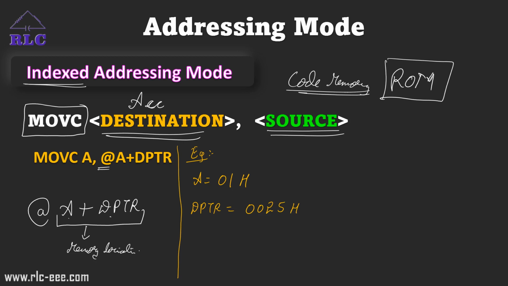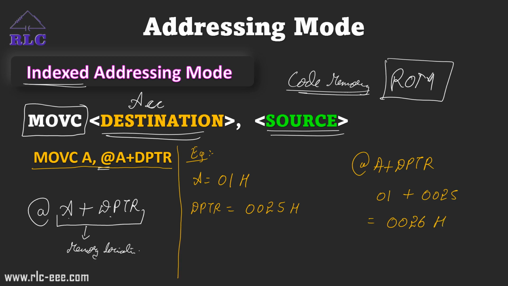Then once this instruction is executed, MOVC A, @A+DPTR, first @A+DPTR will be evaluated. That means 01 plus 0025, which will be 0026H.